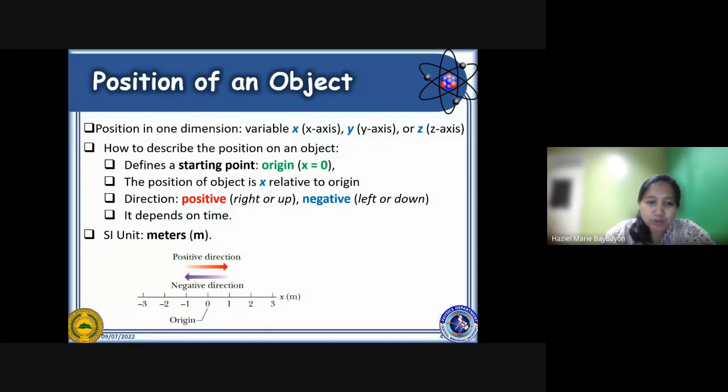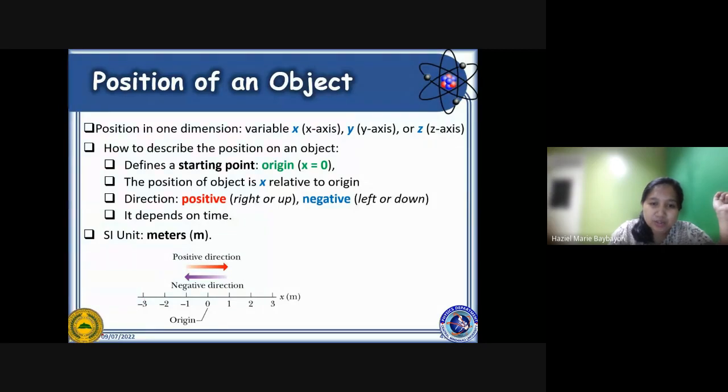Okay, so here we have, we can call this a reference frame. It is one-dimensional in nature. We can define here motion along the x. Okay, so this is the origin. So for motion that is going to the right, we can define it as the positive direction, and then motion to the left will be negative direction.